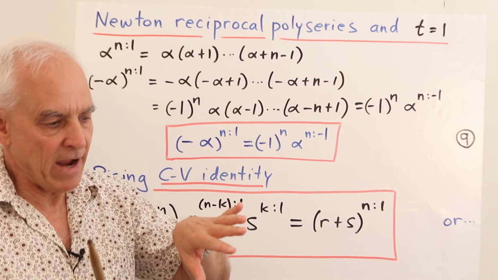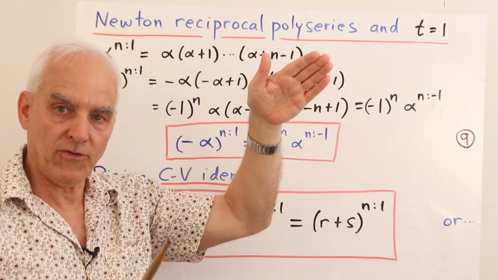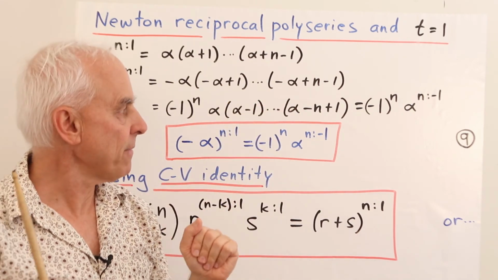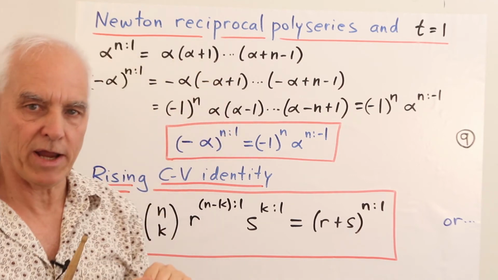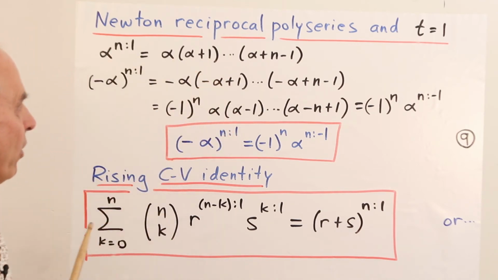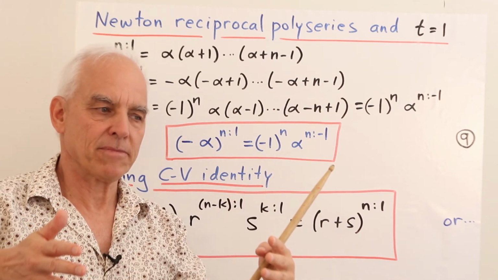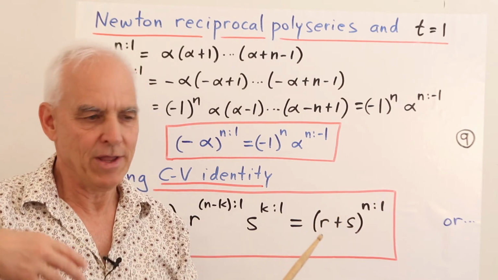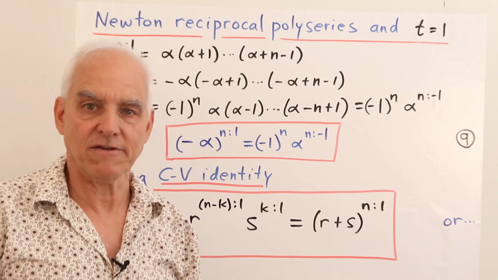We'll see that, in fact, the situation between t equals 1 and t equals minus 1 are like mirror images of each other in some sense. Okay, so that's clarified by just a little bit of algebraic manipulation, which is actually quite important and opens up nice, interesting investigations in combinatorics also, because we're essentially talking about binomial coefficients with negative entries.